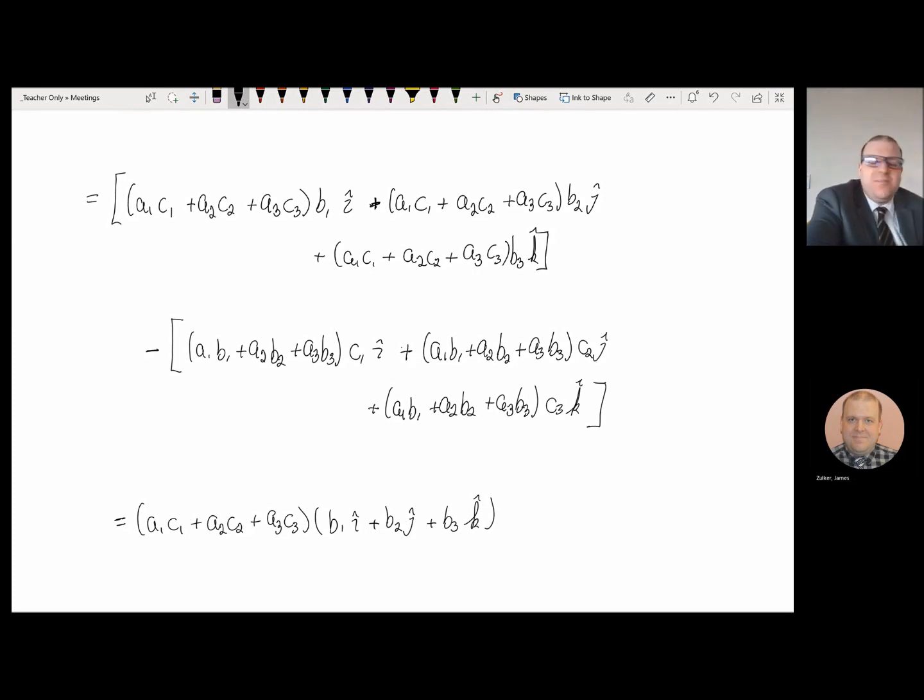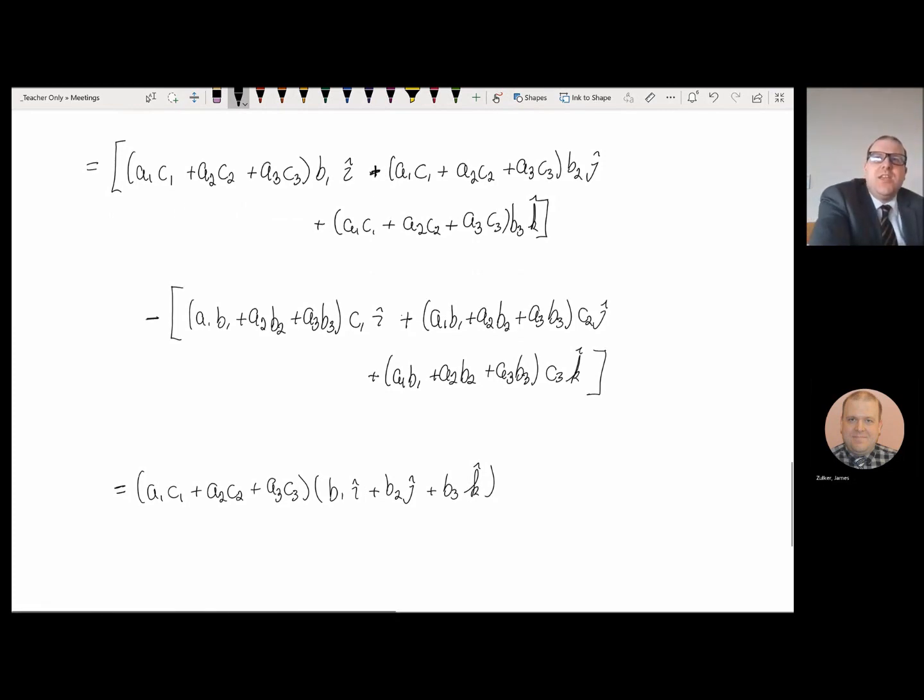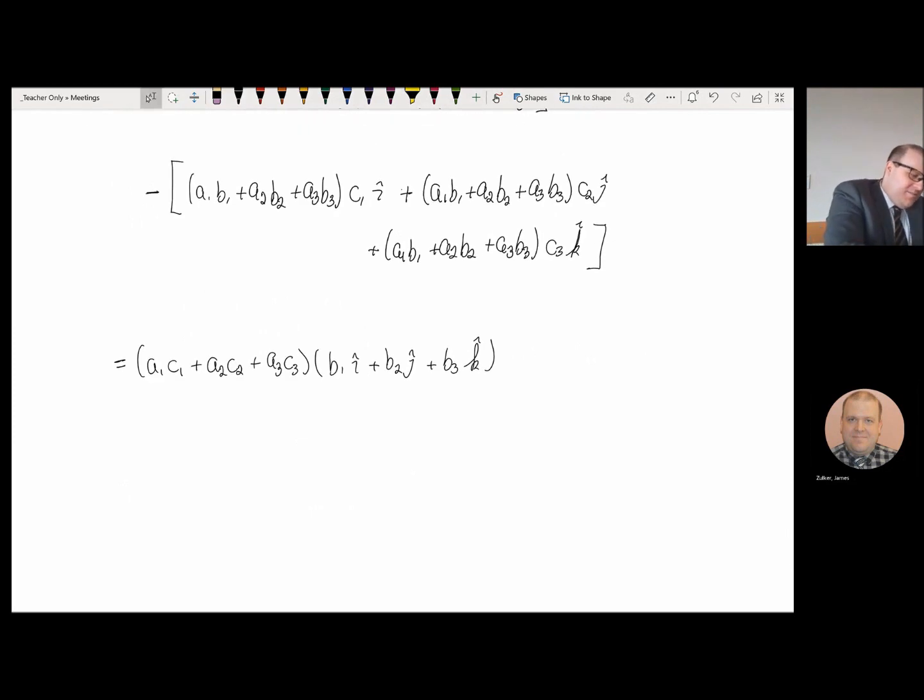Left with that, right? B1I plus B2J plus B3K. Right, and then same argument, we have an A1B1 plus A2B2 plus A3B3 common in the second vector, so factor out the scalar.